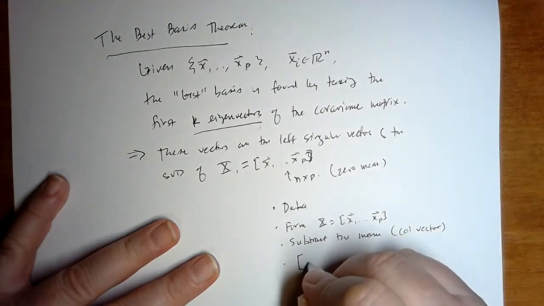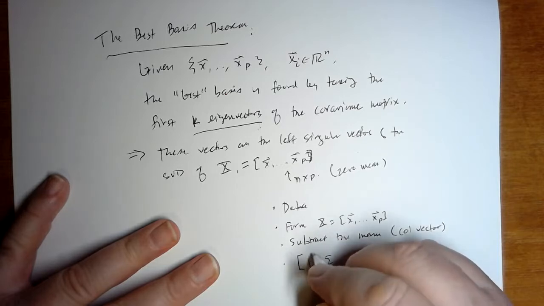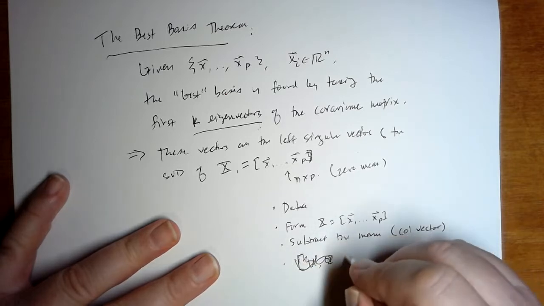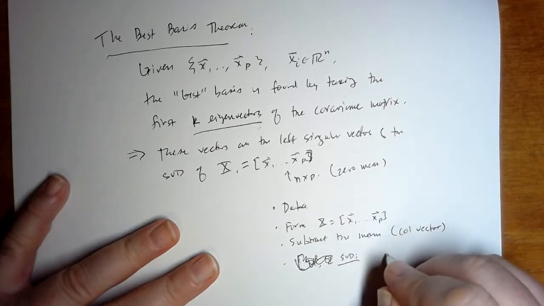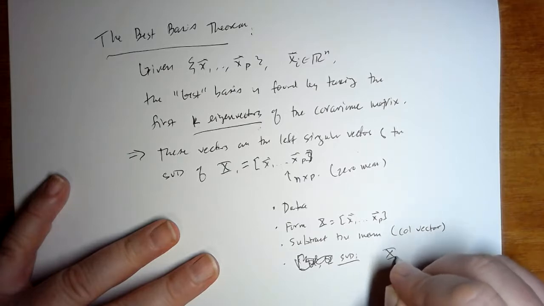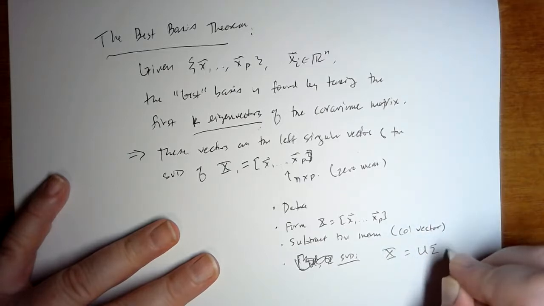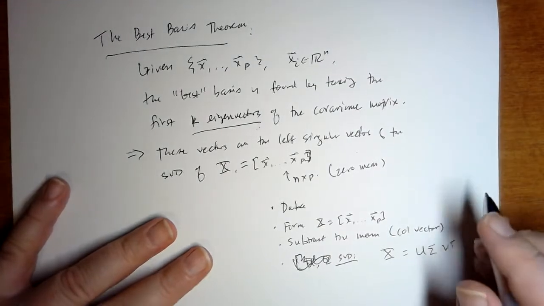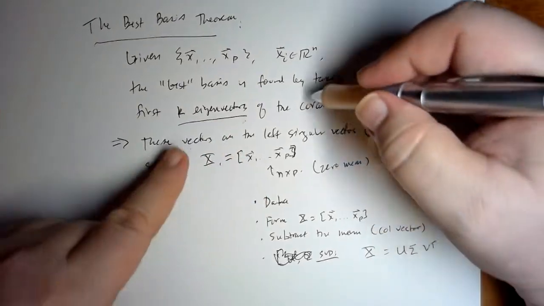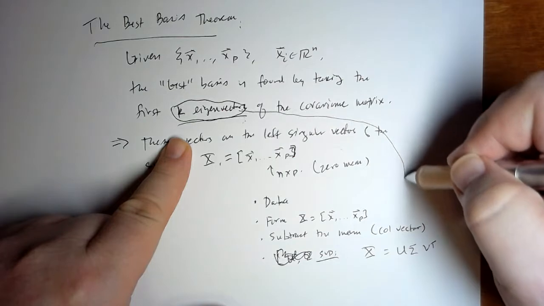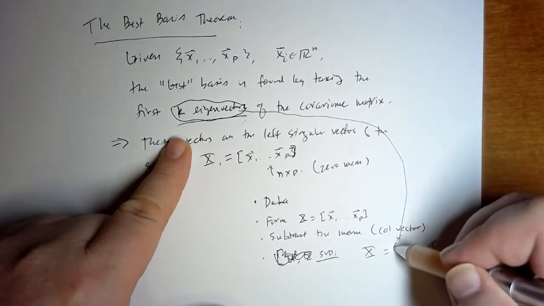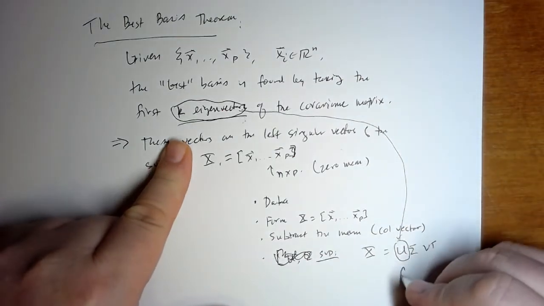Then you find the SVD. Whoops, I'm writing MATLAB notation. Wow, that's bad. Find the SVD. So we take X and we compute U sigma V transpose. And these k eigenvectors are the first k columns of U.